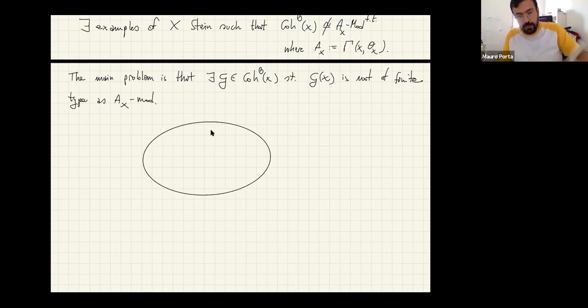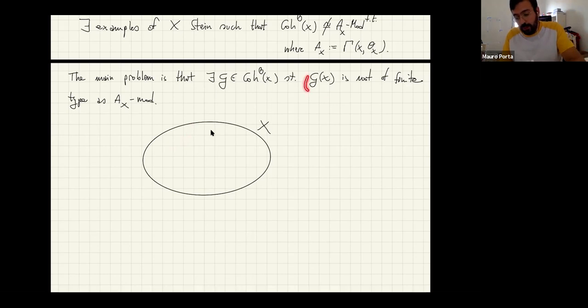And if you think, it's not so weird. The point is that if this is our space X, because we are working in the analytic topology, then we can have a very bad cover, in particular, infinite covers.